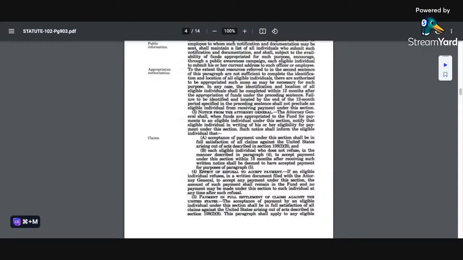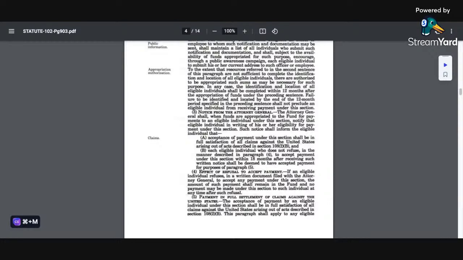Such notice shall inform the eligible individual that A, acceptance of payment under this section shall be in full satisfaction of all claims against the United States arising out of acts described in Section 108(2)(b), and B, each eligible individual who does not refuse in the manner described in paragraph 4 to accept payment under this section within 18 months after receiving such written notice shall be deemed to have accepted payment for such purposes of paragraph 5.